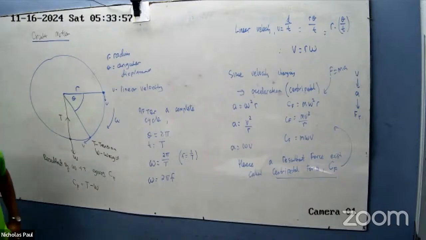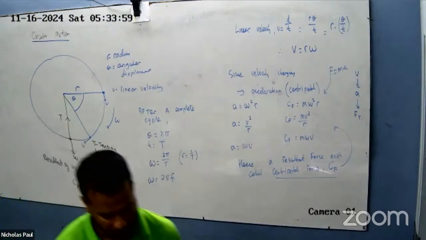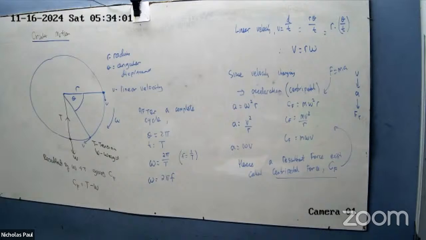The resultant. Okay. So the centripetal force, if I had to do a free body diagram, you're not writing centripetal force. All you're doing is writing tension and weight, right?